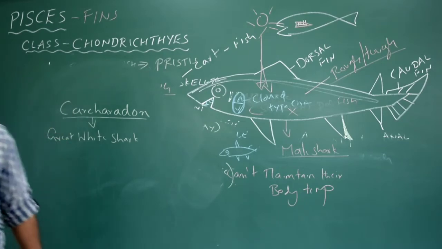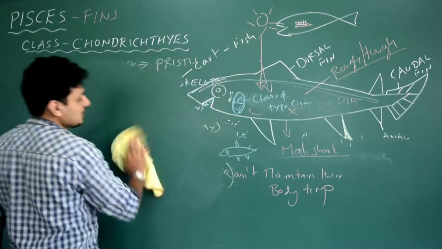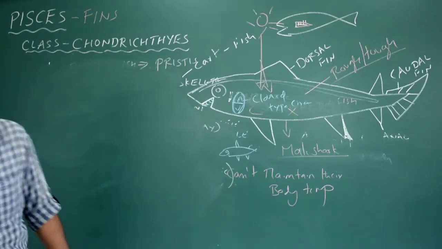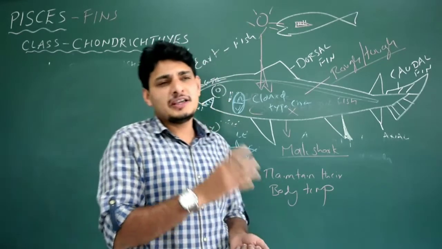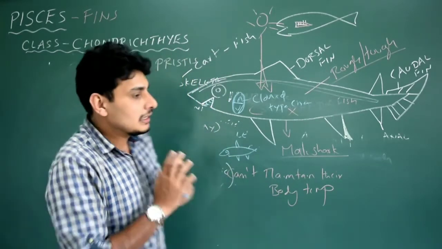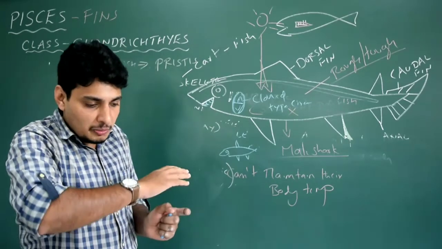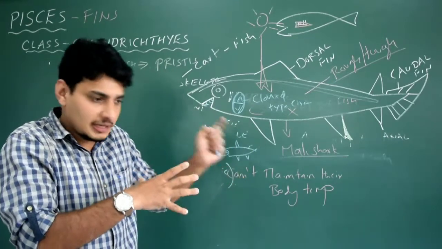Okay. A very important point I forgot to mention even after explaining for 20 minutes. This is a very important character of all the chondrichthyes. See, if you just take a small shark and put it in the aquarium, they swim regularly. They cannot take rest.